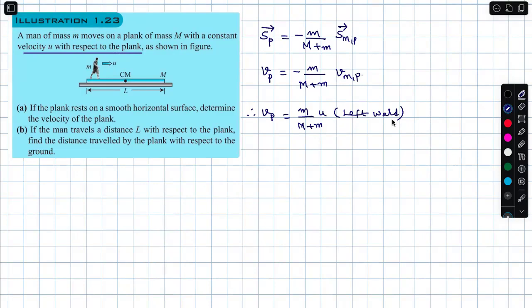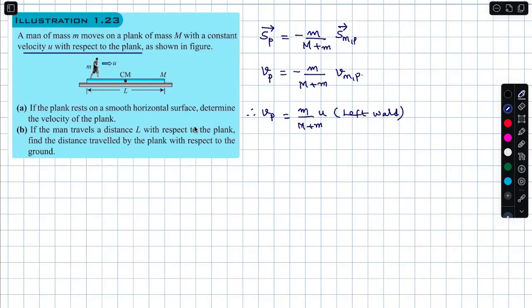The man travels a distance L with respect to the plank. Find the distance. Same question it seems. It is a repeated question.